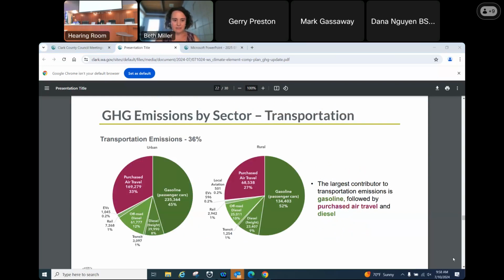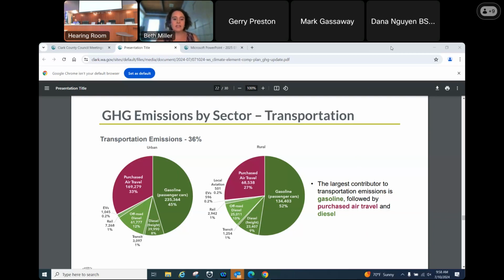Next slide, please. In the next section, also 36% of the total, is transportation emissions. Here we've got side-by-side pies. Most of these emissions come from passenger cars, as you can see. The second biggest chunk is purchased air travel, and the air travel is entirely by income, using average air travel based on community income distributions.